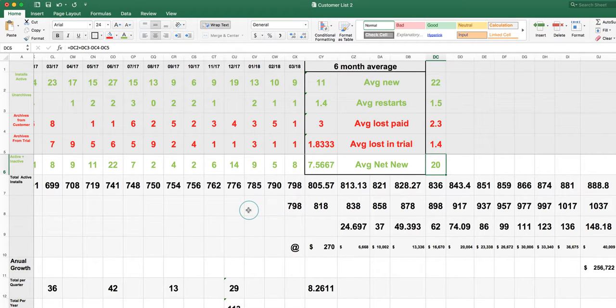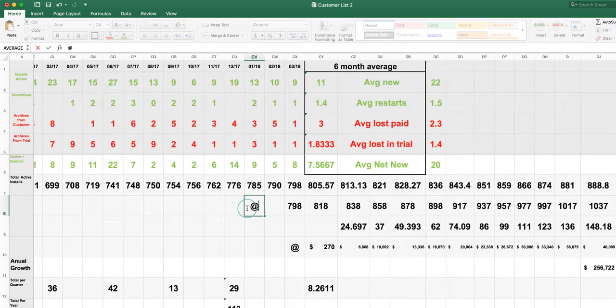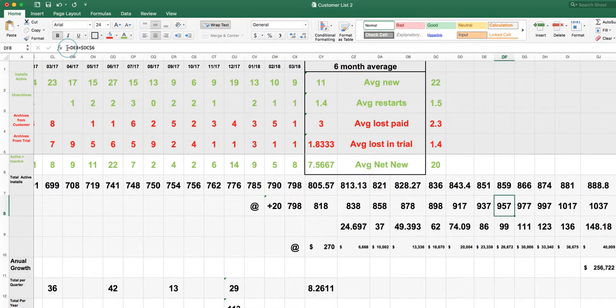So this is where you're at plus 20, plus 20, plus 20. So when we're at plus 20 a month, that's sort of how that grows out, all right? So at the end of 12 months, instead of having 888, we've got 1,000, right?